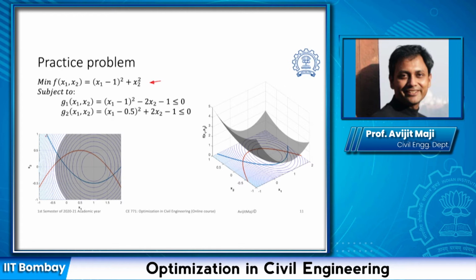For the first constraint, the infeasible region is the part I am marking. In a similar way, for the second constraint, if we mark the infeasible region, it is going to be like this.